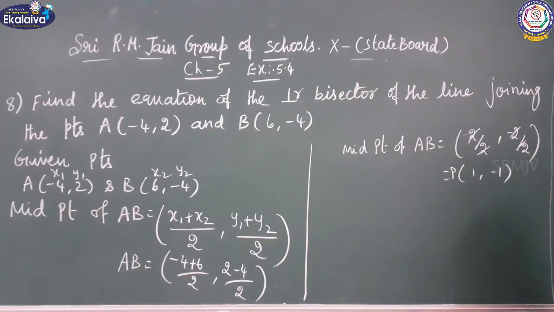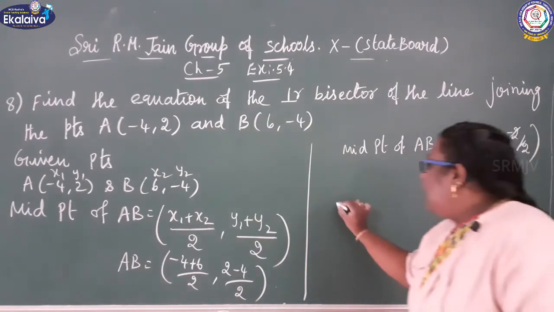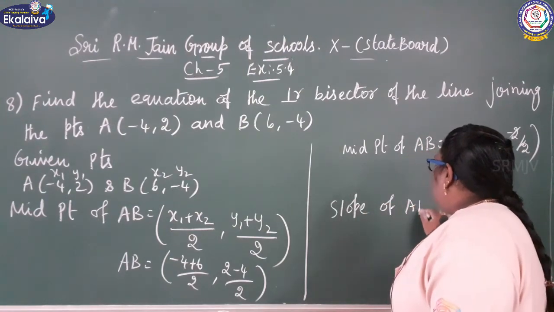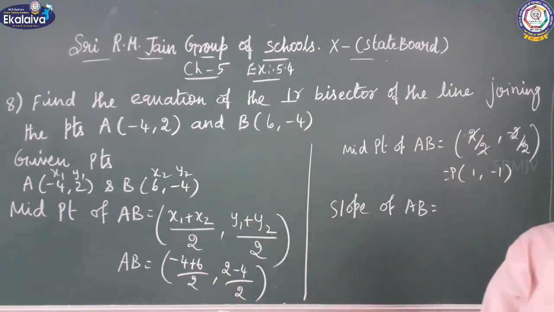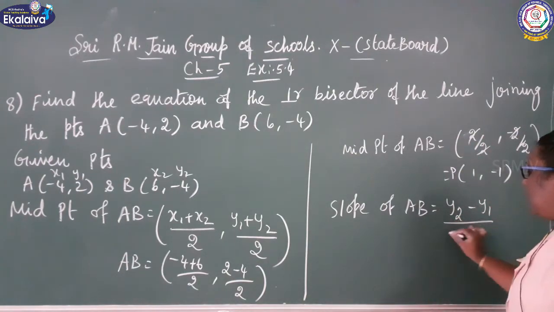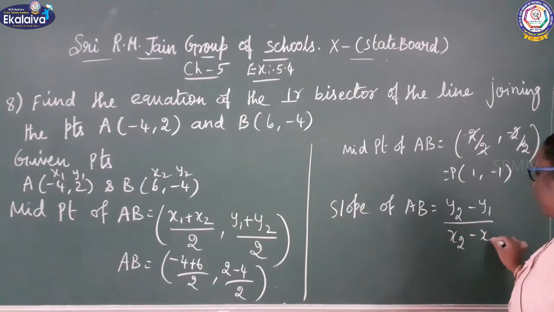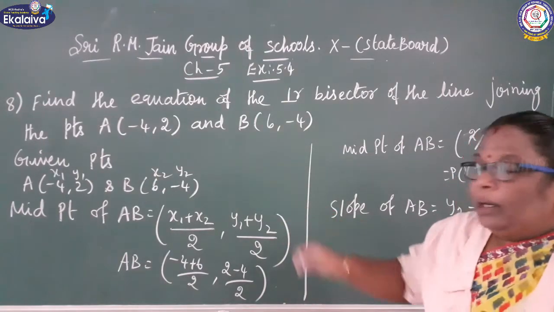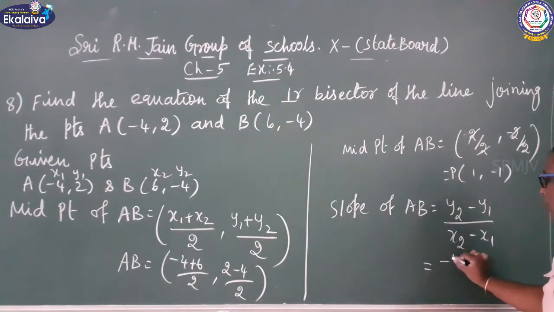Next you should find out the slope of AB. Slope of AB, what is the formula? y2 minus y1 by x2 minus x1. It gives y2 minus 4 minus 2, minus 2. y1 value is 2.